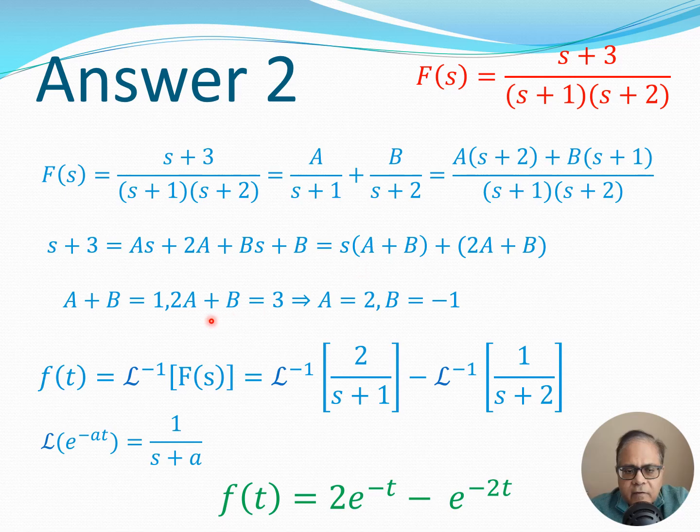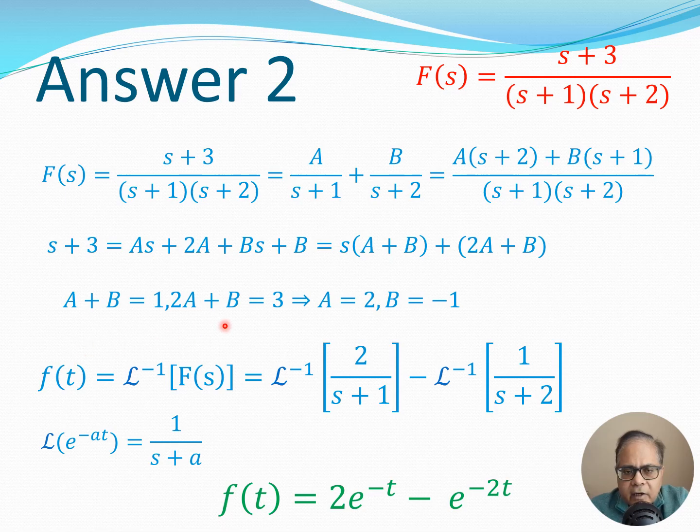So one equation is a plus b equals 1, and the second equation is 2a plus b equals 3. I can very quickly solve these two equations and I will get a is 2 and b is minus 1. Essentially you can simply subtract these equations and then solve them.